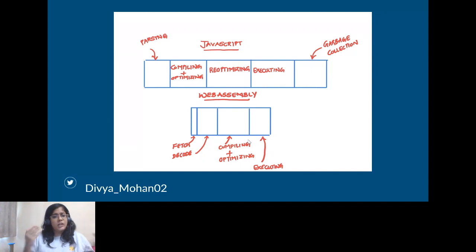So JavaScript and WebAssembly differ on a lot of counts. This is one of the very first examples of that. The WebAssembly spec, or code that is compiled to WebAssembly, basically doesn't go through a lot of steps, given that the WebAssembly spec itself is in the binary instruction format. The compiled code that you will get at the end of compilation would be in binary instruction format.